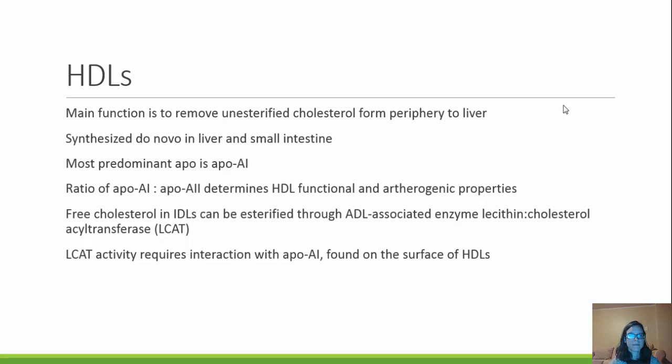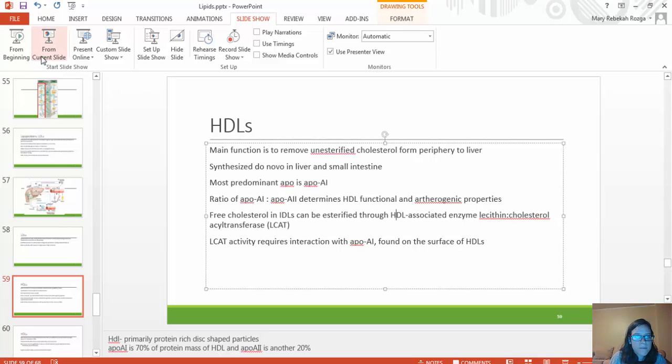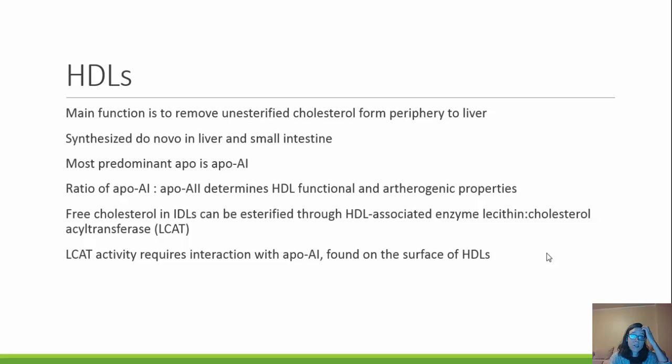The ratio of ApoA1 to ApoA2 determines the functional and atherogenic properties of HDL. So the free cholesterols that we find in IDLs can be esterified through an HDL-associated enzyme, which is called lecithin cholesterol acyltransferase, or LCAT.